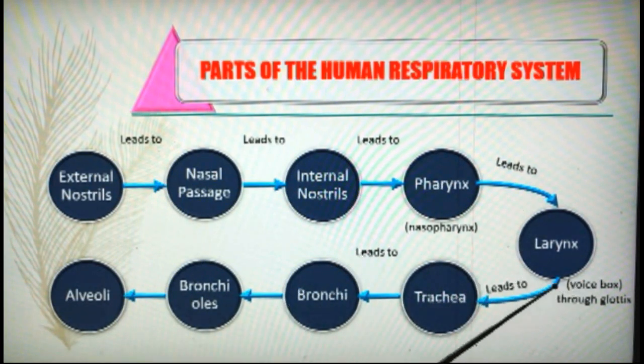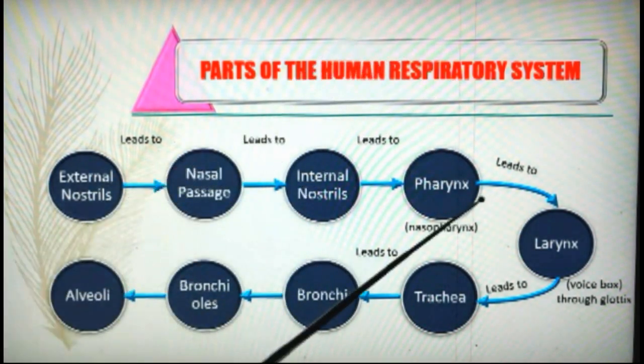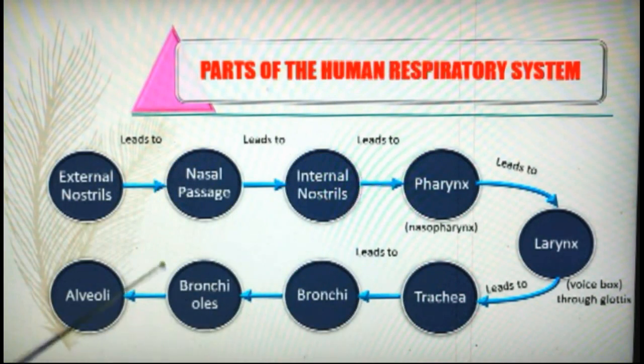It leads to the trachea and reaches the bronchi, then the bronchioles, and finally the alveoli. These are the main structures of the human respiratory system. It includes both the tract as well as the organs: external nostrils, nasal passage, internal nostrils, pharynx, larynx, trachea, bronchi, bronchioles and alveoli.